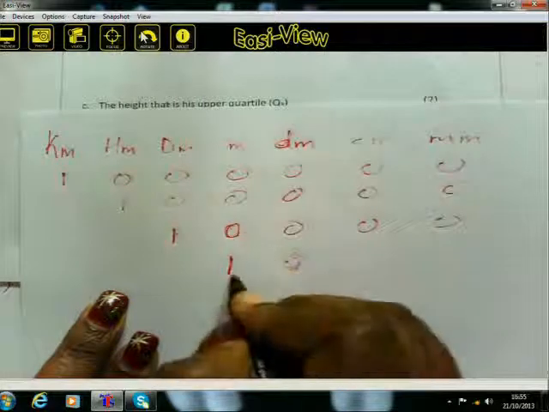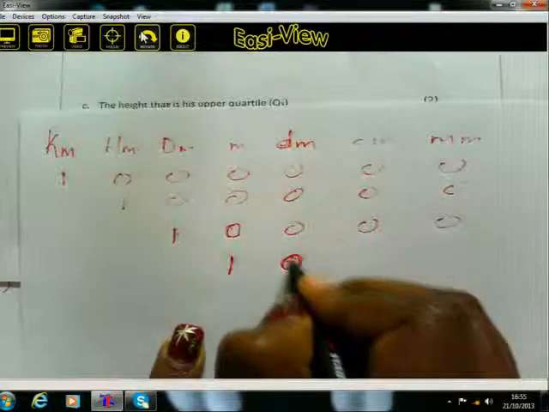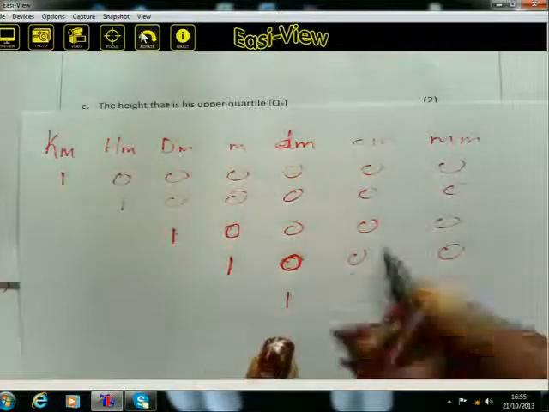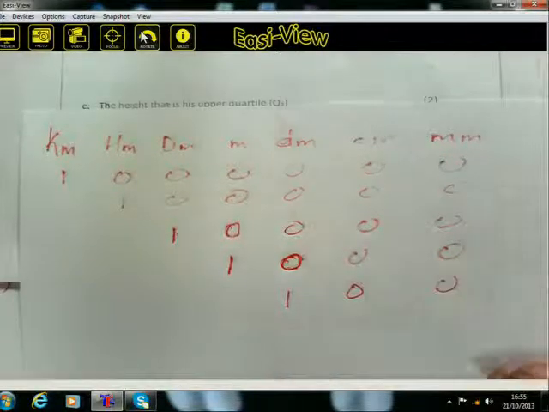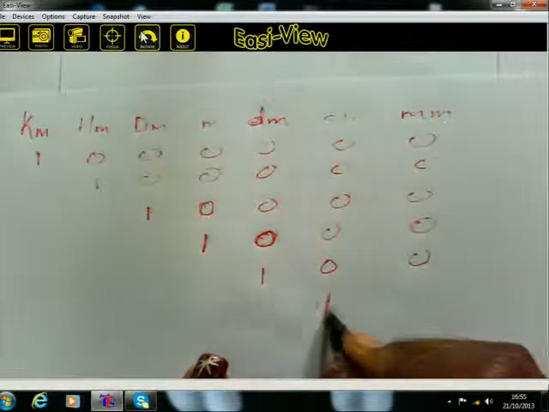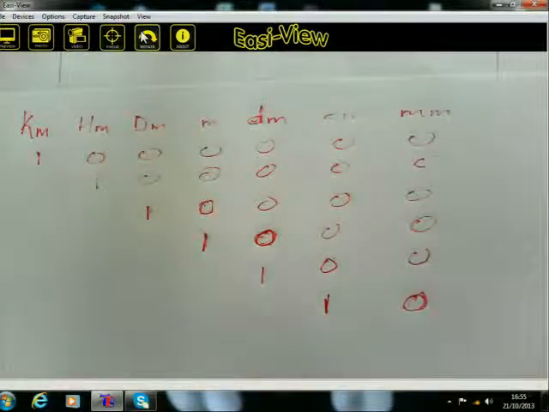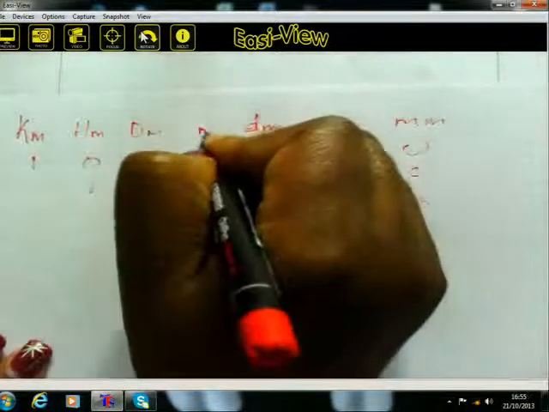Now meter, after meter you write 1, under meter you write 1. After decimeter you write 1, 0. Then you go to centimeter, it will be like that. So remember, this is your meter.